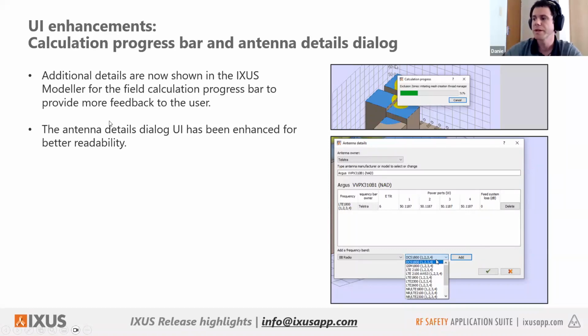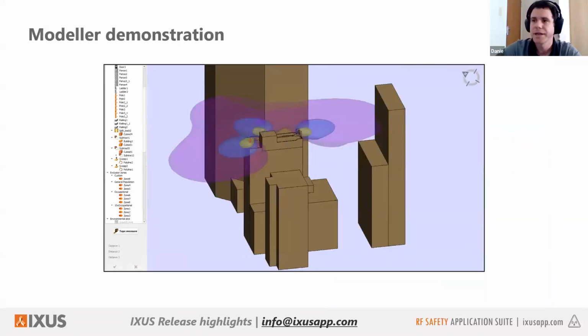When we added the additional ports to the UI, it did look a bit cramped, so that has now been changed. And that is all. So now I'll just go through a modeler demonstration.